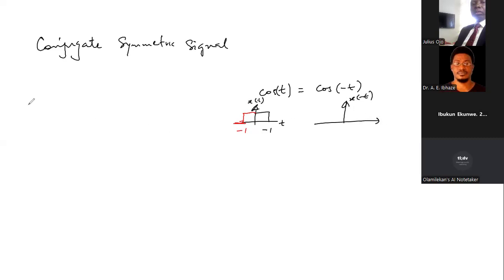So now, if we perform time reversal, then we are going to multiply the time scale by a negative value. So this is +1, this is -1, and going by our axis, we have +1 here and -1 here. So this is 0, this is 0.